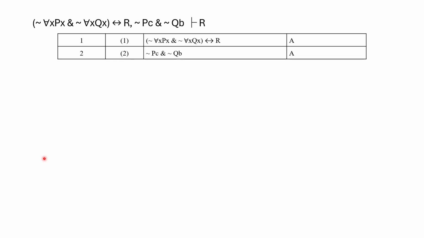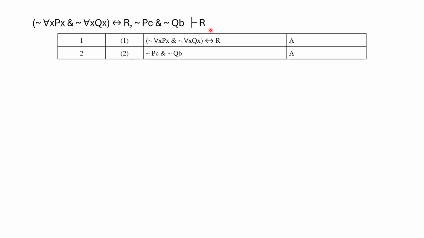Instead of telling you to pause this video, I'm just going to go ahead and jump into it. If you want to pause the video real quick and try it for yourself, totally do it. But this one's going to be a little bit different because the quantifier exchanges could be working in the opposite direction as before. So if we look at what we have here, we have a biconditional statement as our first assumption, and we have a conjunction in our second one.